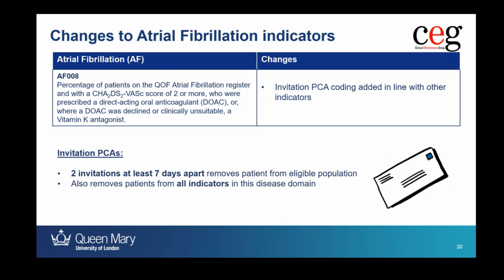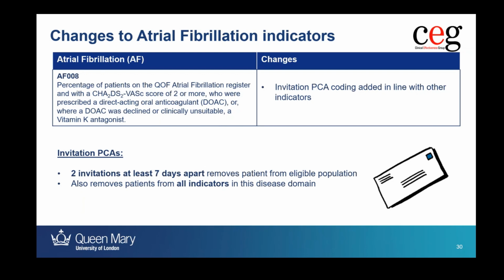There's been a slight change for AF008, which is for prescribing a DOAC, or if the DOAC is declined or unsuitable, a vitamin K antagonist. For this indicator, they have now included the invitation exception coding.